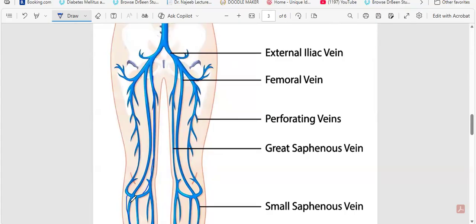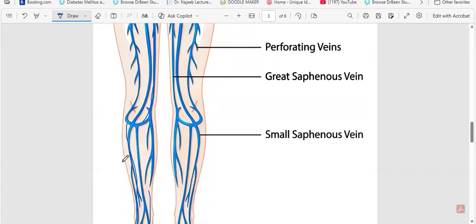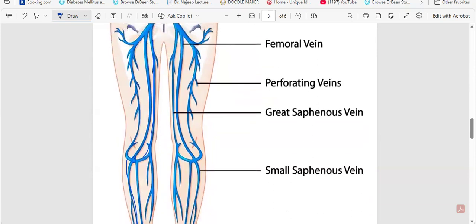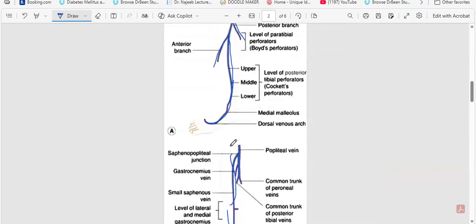This is the popliteal vein. The small saphenous vein is inserted here into the popliteal vein. So this is about the small and great saphenous vein. This is the important thing. Tributaries also we discussed. These are the tributary branches.